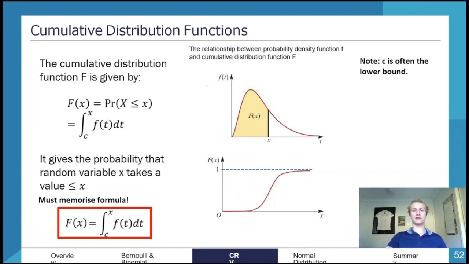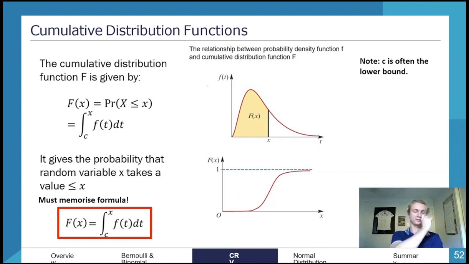So if we have this value x here, we're finding the integral, the area, under this curve between that and the lower bound, c, which would be here. We're finding the probability that it's between there and there. The probability that the random variable X takes a value of less or equal to x. And you have to memorize this formula that capital F of x, the capital is for the cumulative density function. When we're talking about a cumulative density function, we are talking about capital F of x as opposed to lowercase f of x.